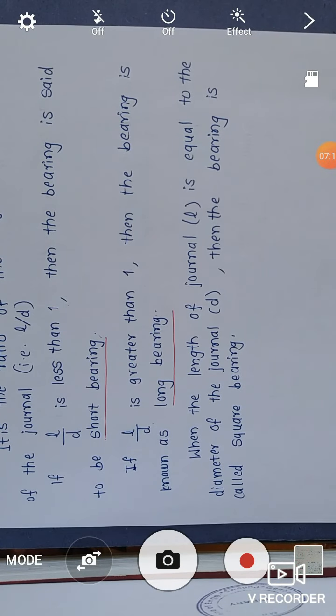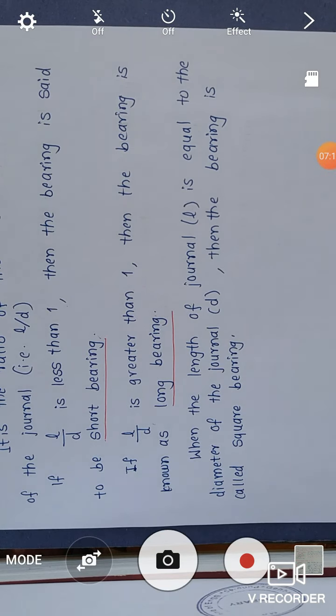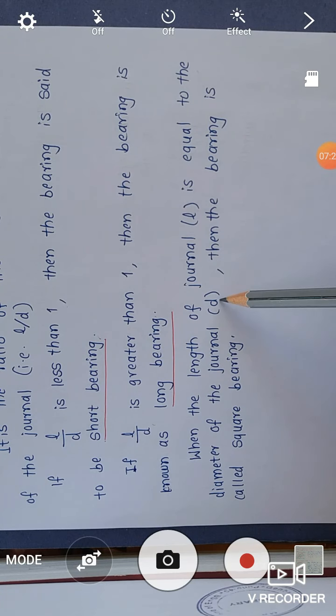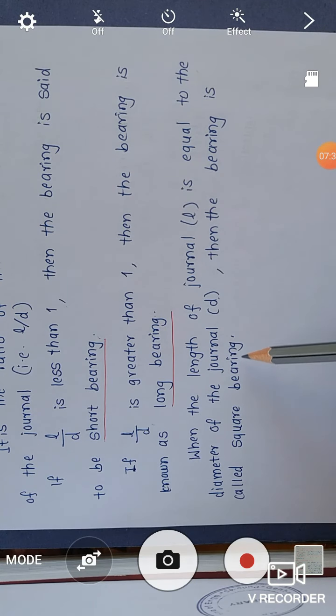So in this way we find out which bearing is short and which is long. Along with this, one more important point is that when the length of the journal L is equal to the diameter of the journal d, then the bearing is called a square bearing.